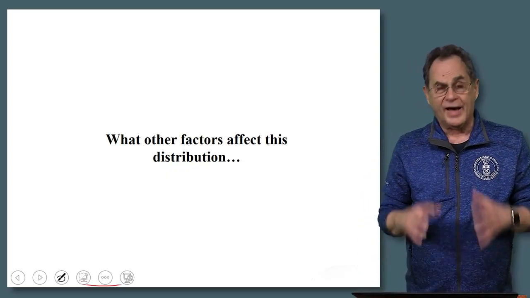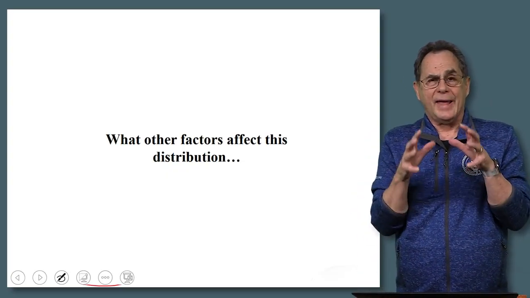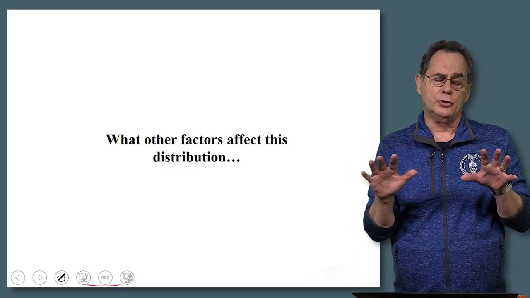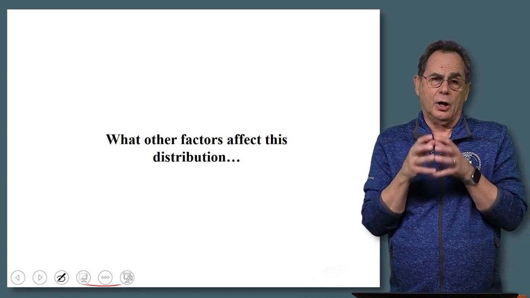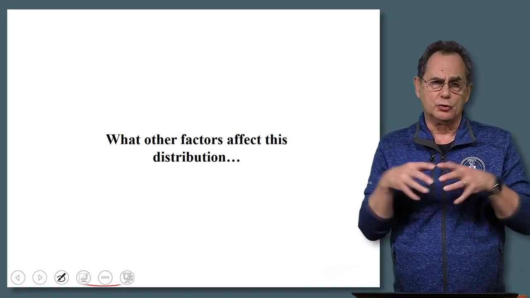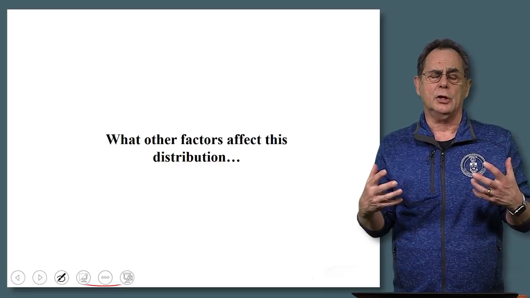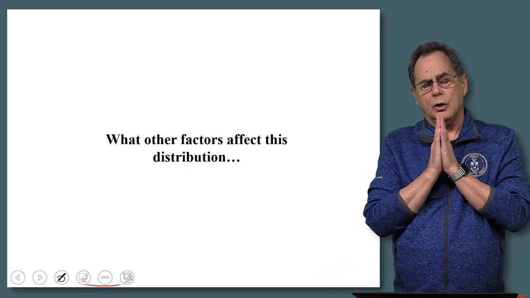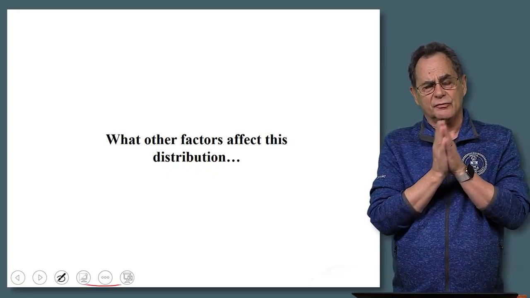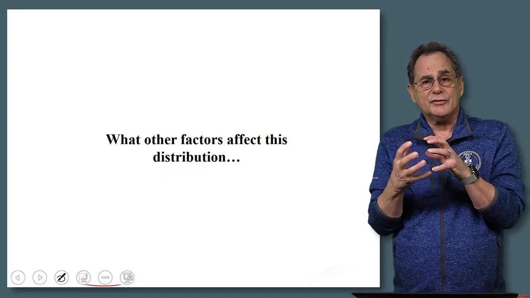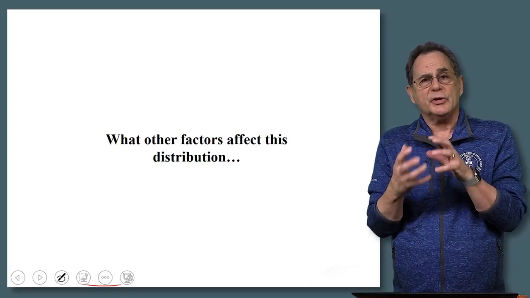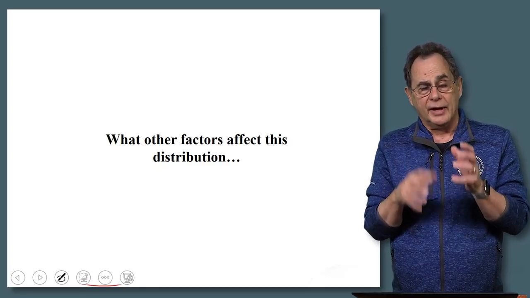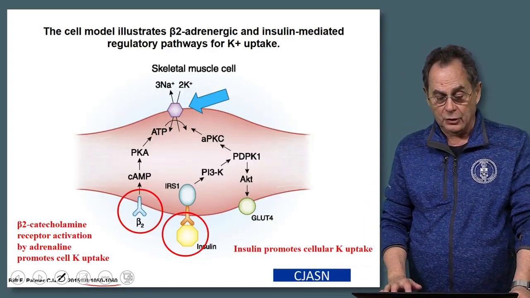So what other factors then? Sitting there, that cell, unperturbed, but sitting with a high intracellular potassium concentration and a low extracellular potassium concentration, has a concentration gradient driving the movement of potassium from in to out of the cell that renders the cell with a potential gradient and a negativity within the cell.